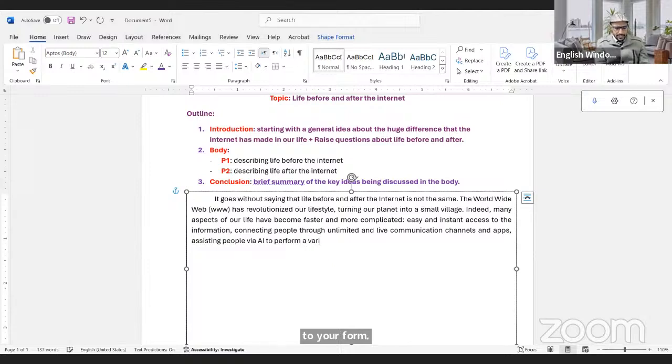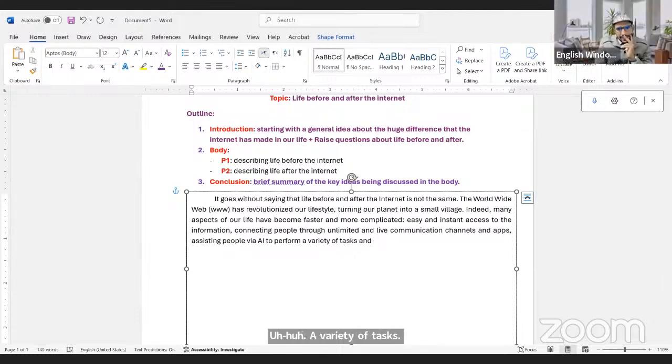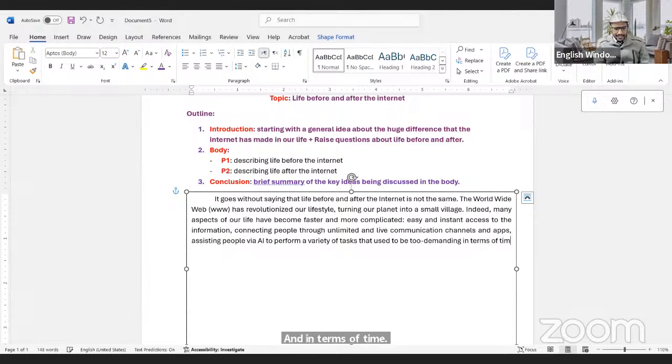A variety of daily tasks. Let's say to perform a variety of tasks that used to be too demanding in terms of time and efforts.